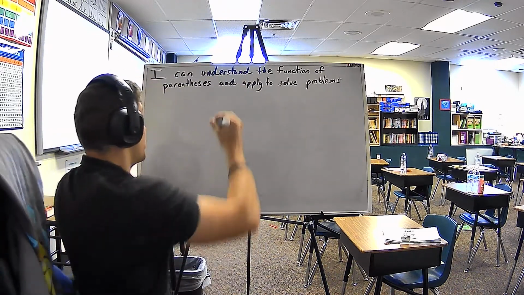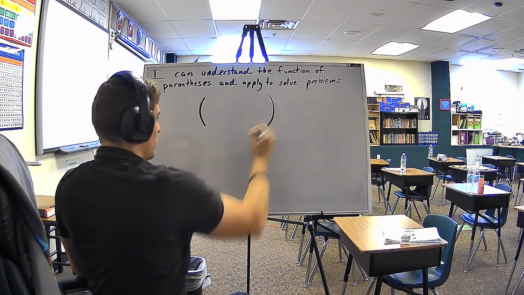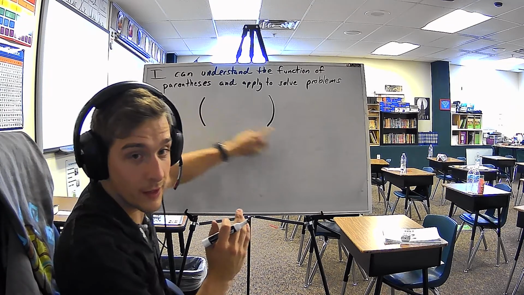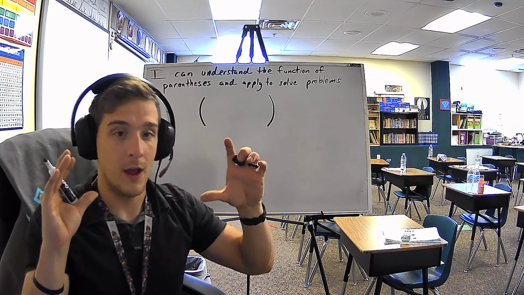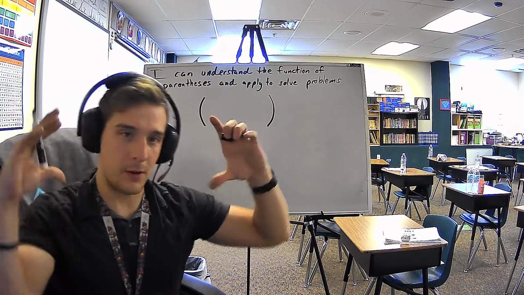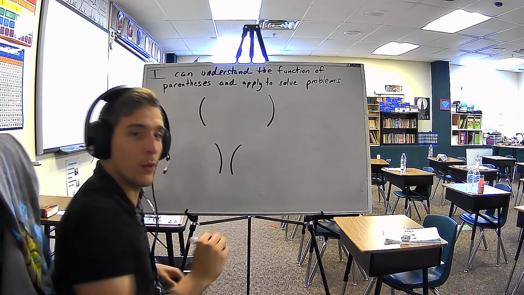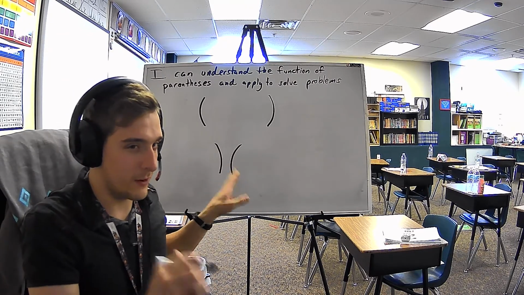Parentheses by themselves usually have a beginning one and an end one. These are kind of what they look like. This one starts it off, and this one closes it off. It's kind of like two sides of a sandwich or two sides of a hamburger. You have your rounded part going in. If you did it the other way, it wouldn't work in this situation because that means something different.